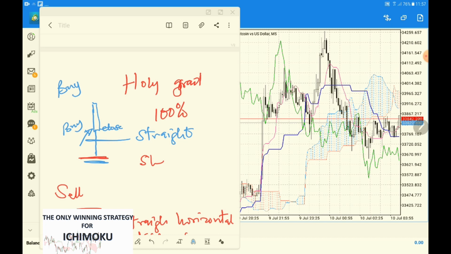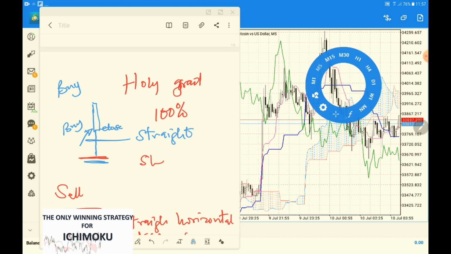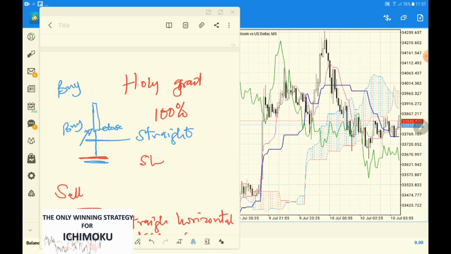So just look right here, another scenario. Let's bring the pointer right there. Another beautiful scenario happening here. Price broke above the Kijun-sen, isn't it?